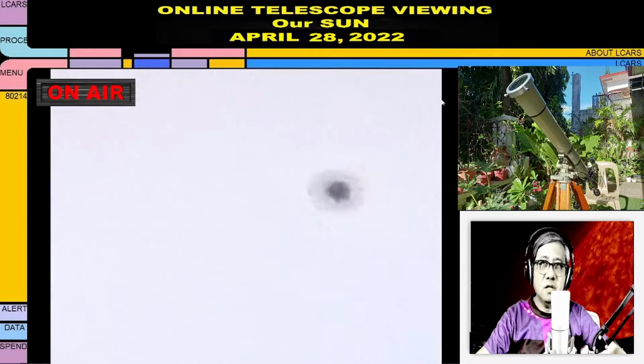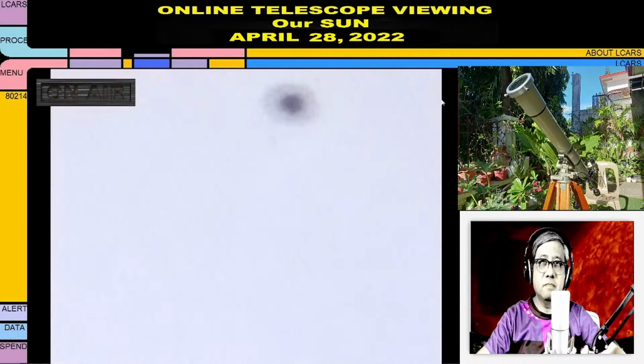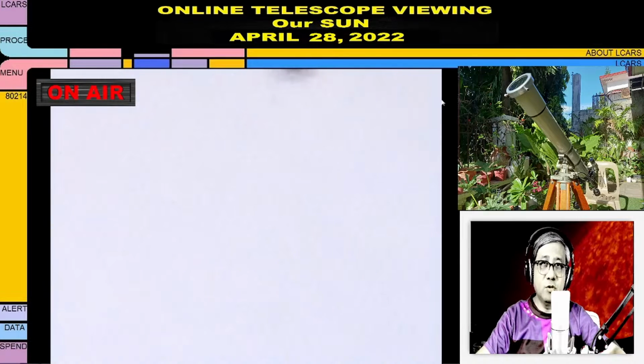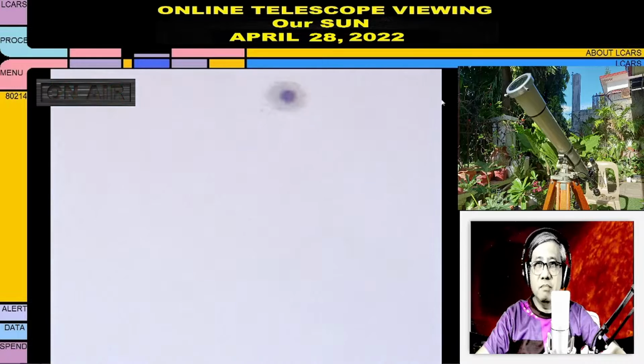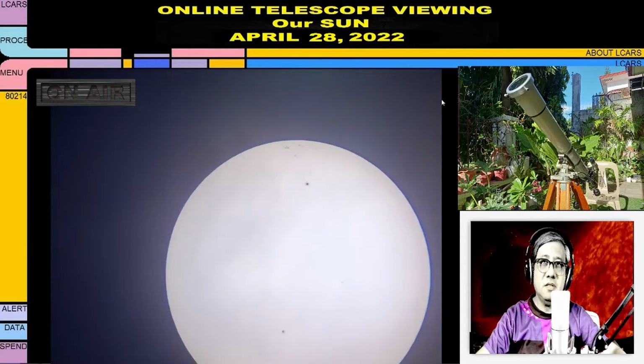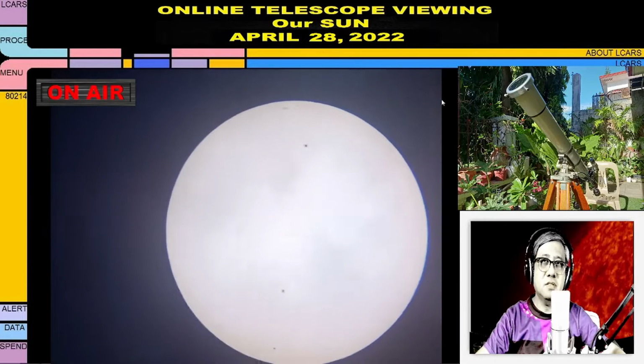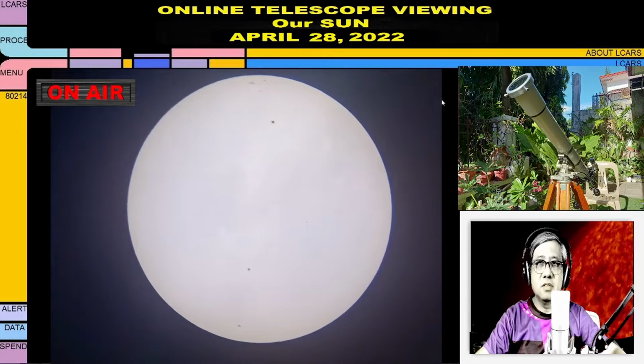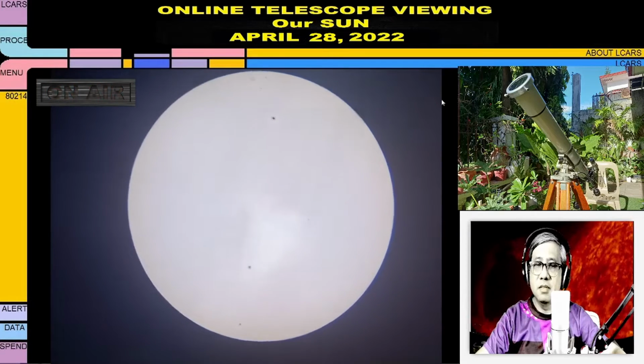Alright, so dapat yung telescope ay may filter so that we can observe the sun safely, na hindi masisira po yung mga mata natin. Alright, so ayan po yung mga sunspots na yan. So that is the magnified image of our sun, mga ka-spacers, with sunspots.